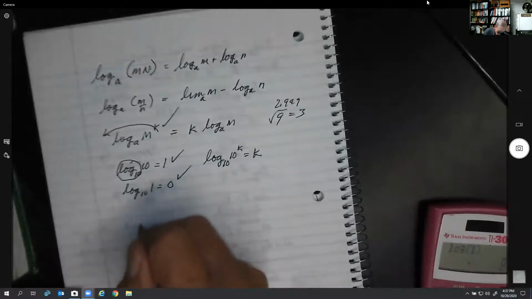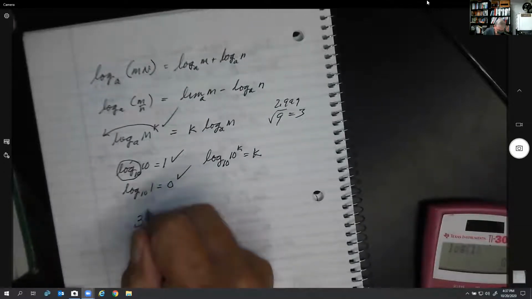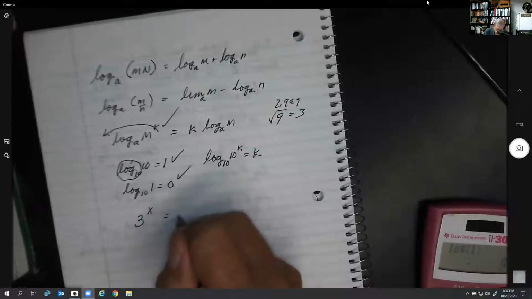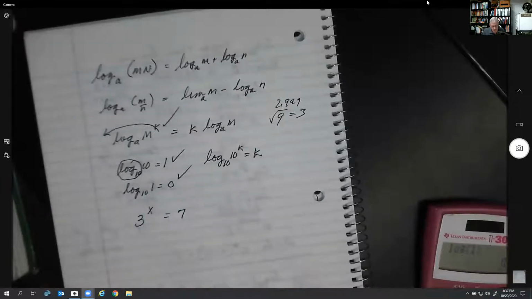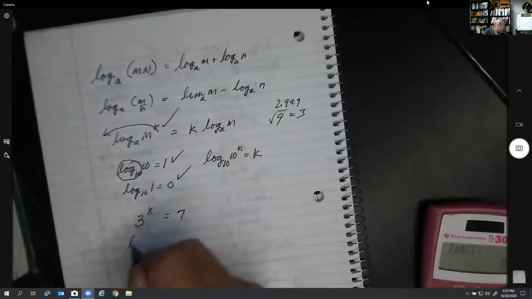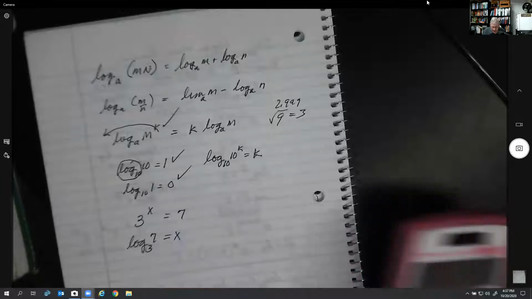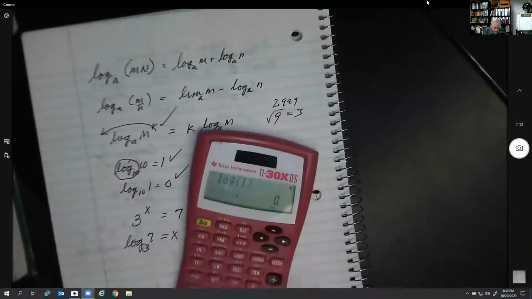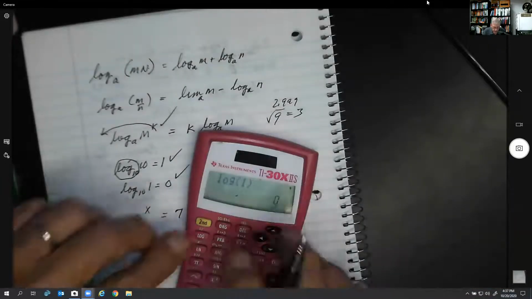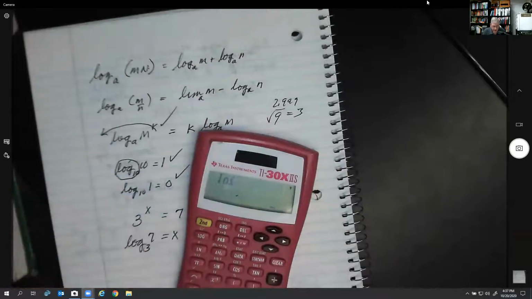Suppose I want to take 3 to the x, and I want to get 7. And I'm trying to figure out what x is. So I convert over to log base 3, drop the base, switch. The problem is I don't have a base 3 in here. I only have base 10 or base e.